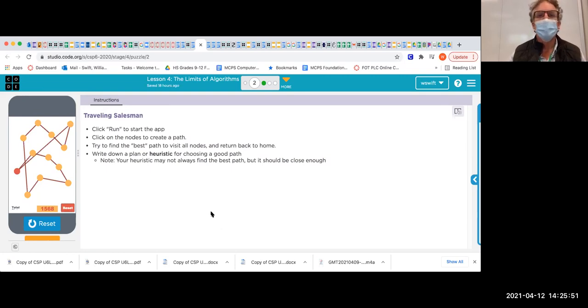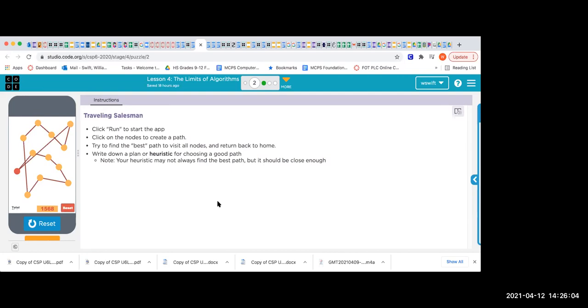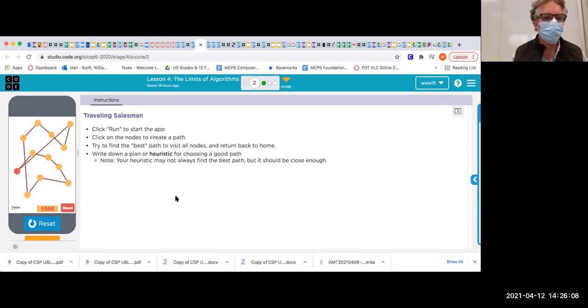Okay, so can anyone think up what another heuristic might be? Circling clockwise or counterclockwise works way better than this one. Perfect, so you're saying go clockwise around. It's a little weird, but let's go here, here.